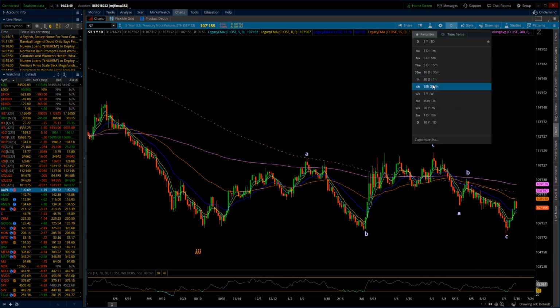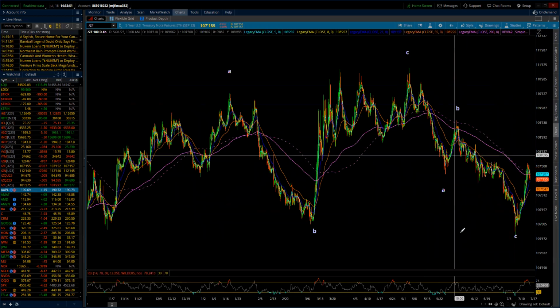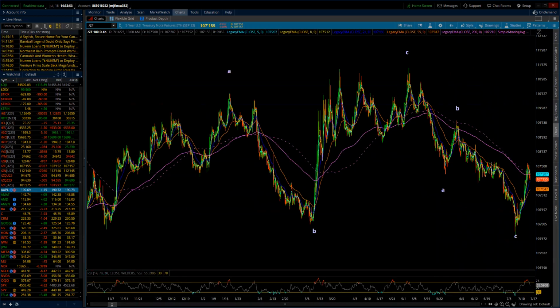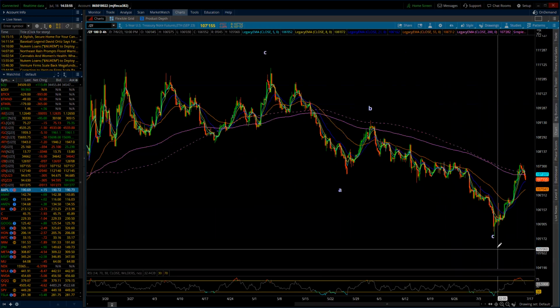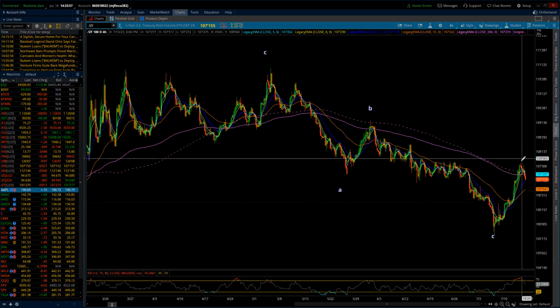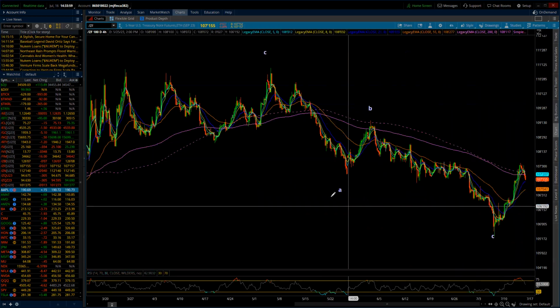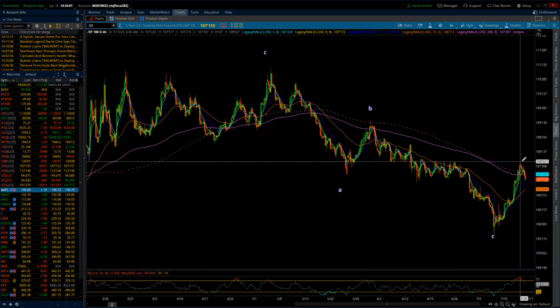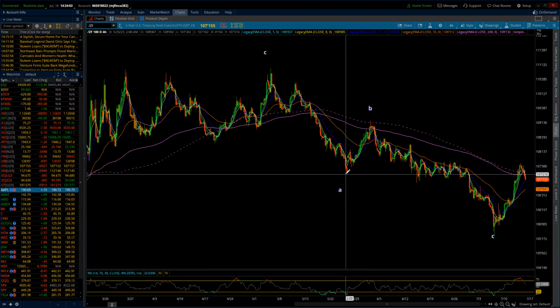And if I bring this down to the 4-hour chart and we start taking a look inside, what did that rally look like? It actually could be A, B, and a C. So if I change this to 1, 2, 3, 4, it actually came back and closed back below the bottom of what would be wave 1.